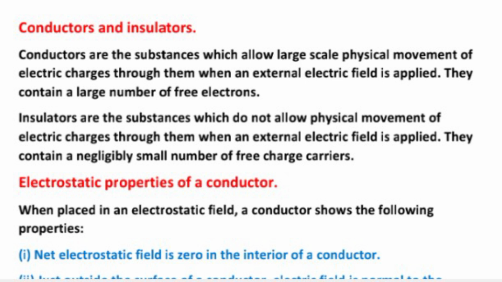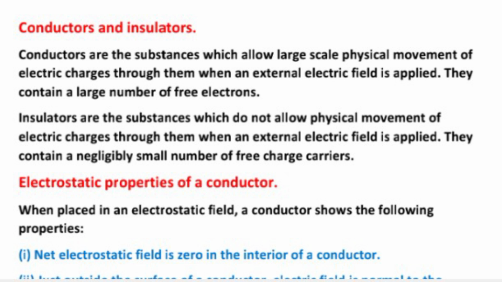Now, insulators. Insulators are the substances which do not allow the physical movement of electric charges through them. They contain a negligibly small number of free charge carriers, so they do not allow the flow of charged particles.